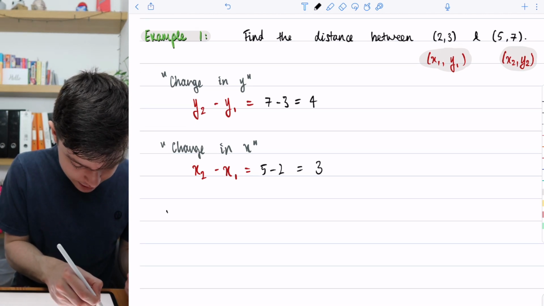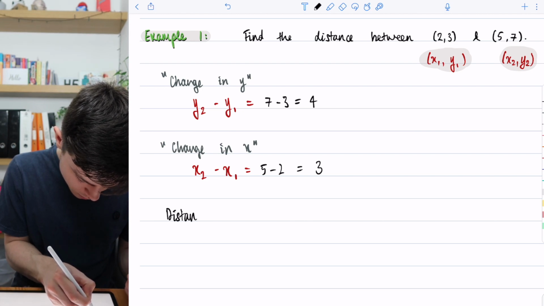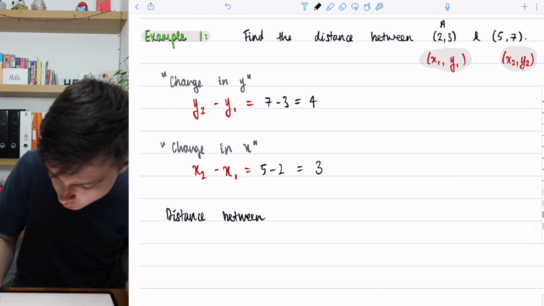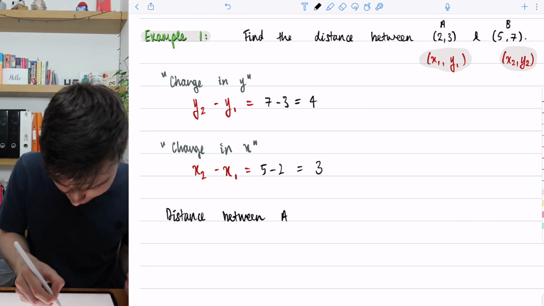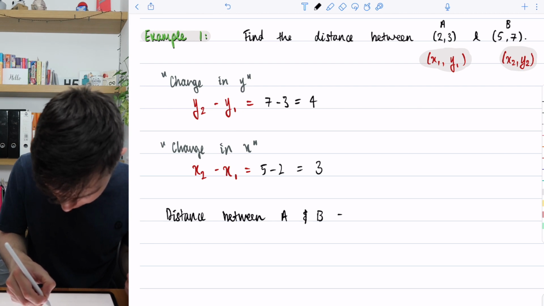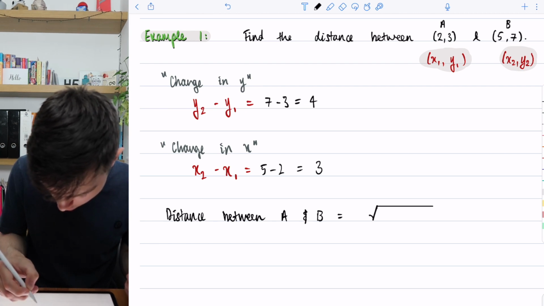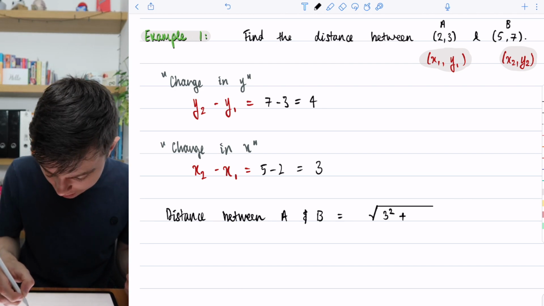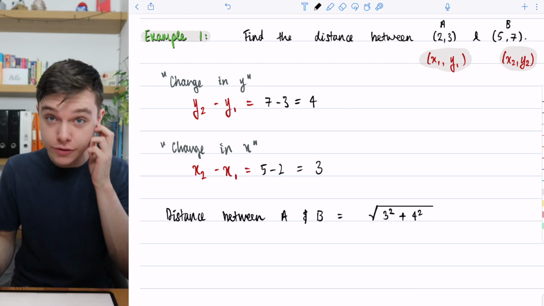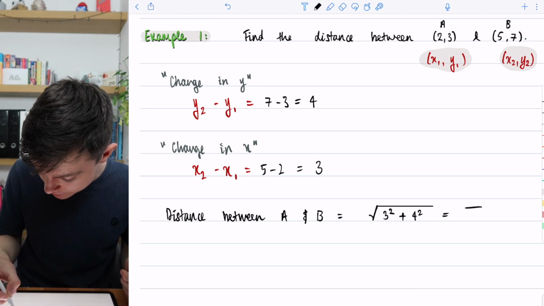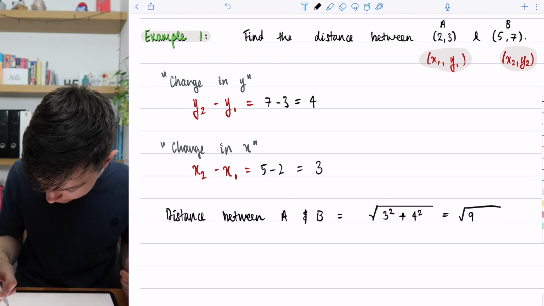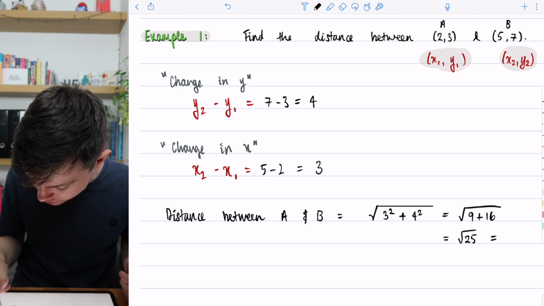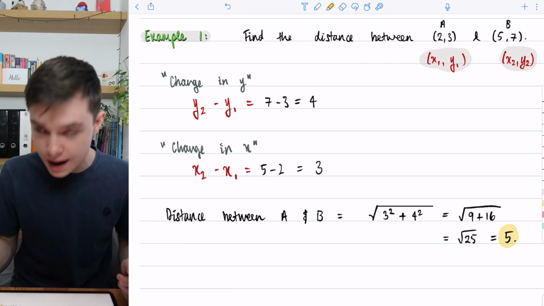The distance between, I'll call this one point A and that one point B, A and B is going to be the square root of the change in x, which is 3, squared, and add the change in y, which is 4, squared. That's going to be the square root of 9 plus 16, which is the square root of 25, which is 5. So that is our answer.